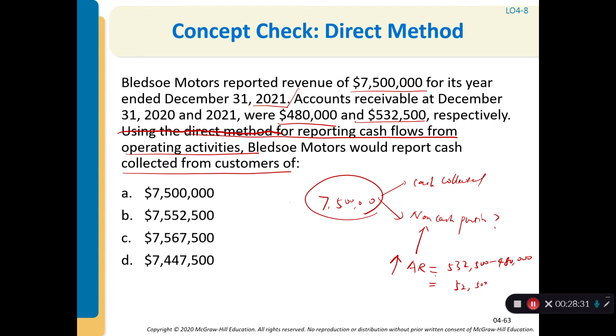So yes, we have an increase of 52,500 in accounts receivable, right? And this amount is the non-cash portion. Hence, the cash collected portion for the direct method is going to be 7.5 million minus 52,500. It will give us 7,447,500. So therefore, it should be D.